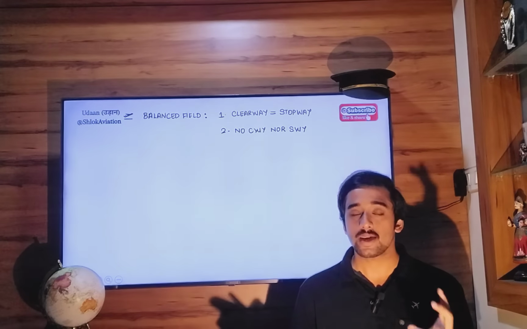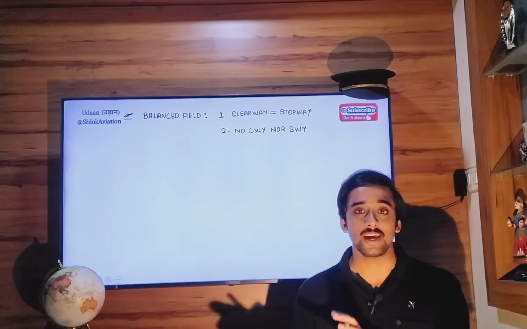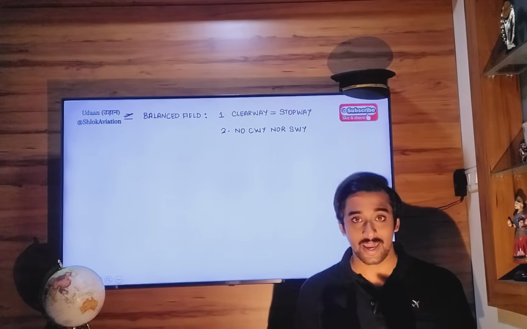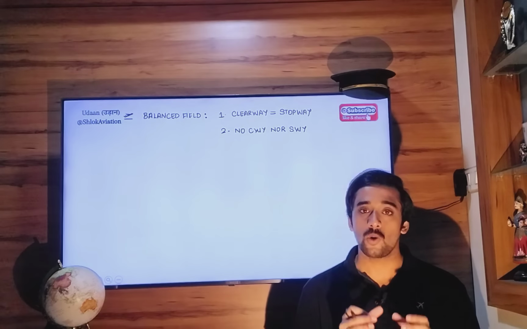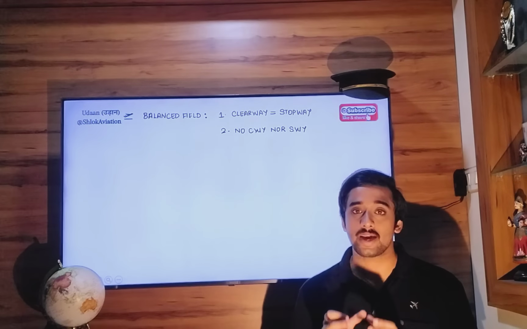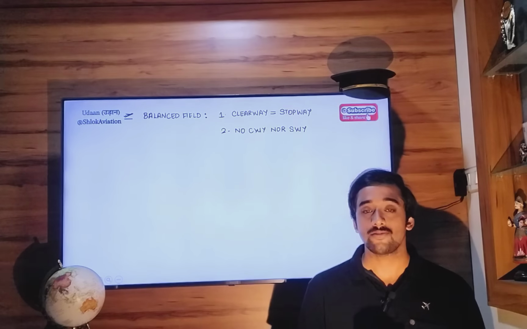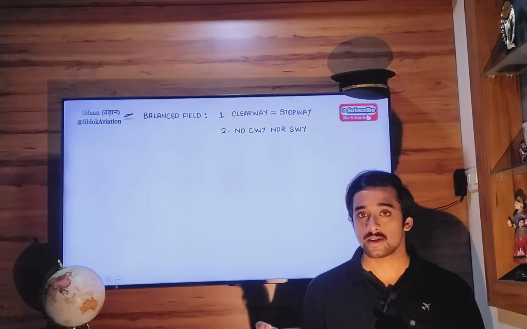And another point, the clearway need not be harder than the stopway, because it's not the job of the clearway to hold your aircraft in position or to decelerate your aircraft and hold it in one position. It's the job of the stopway to decelerate the aircraft and hold it in one place if that aircraft aborts the takeoff and tries to stop.